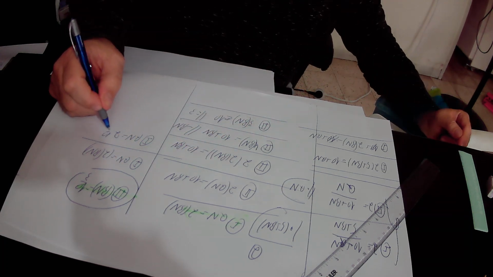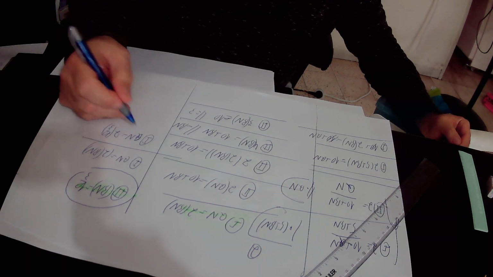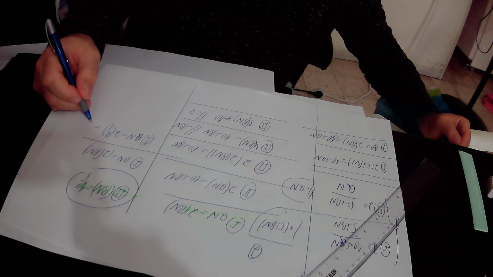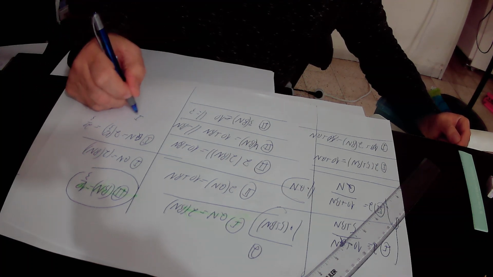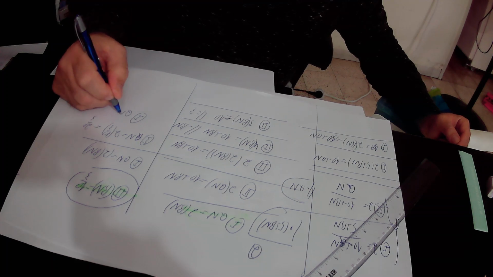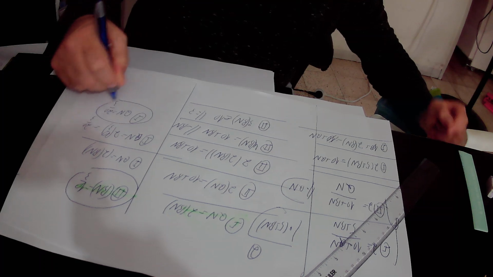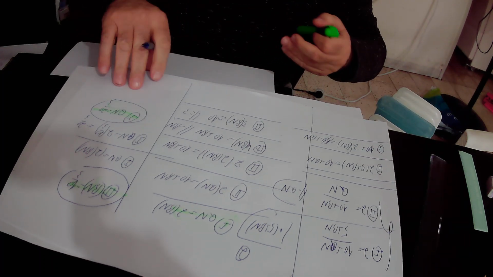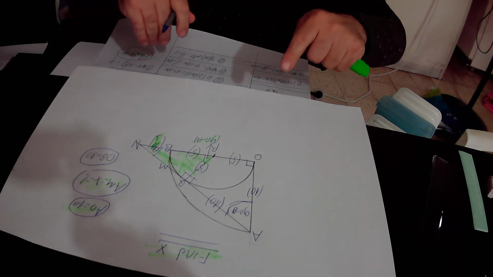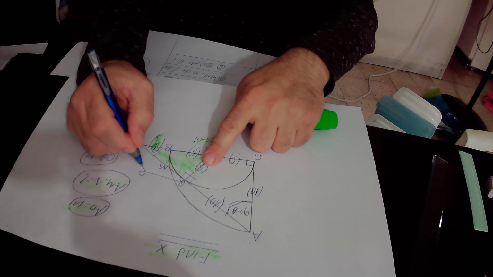So QN equals 2 times 10 over 3, which is 20 over 3. So we found out that according to equation number 1, QN equals 20 over 3 units in its length. This line segment QN equals 20 over 3 units in its length.